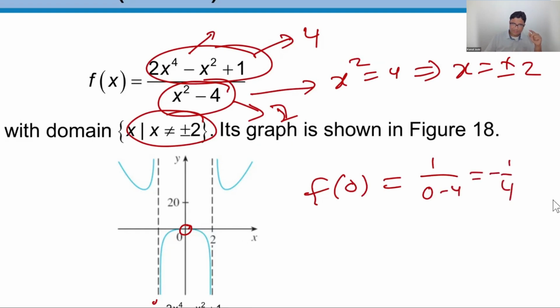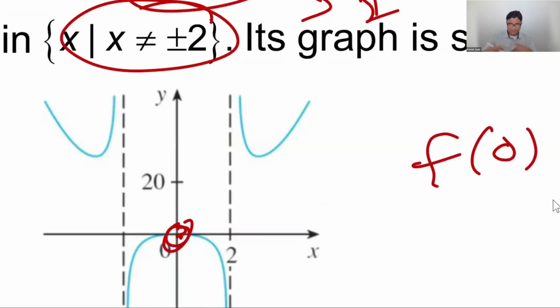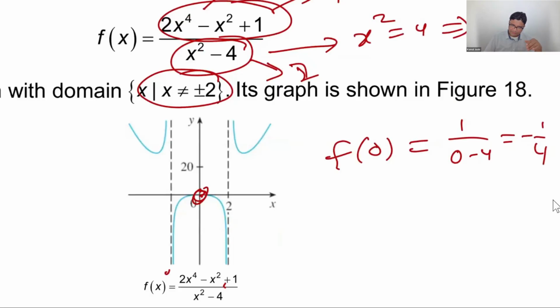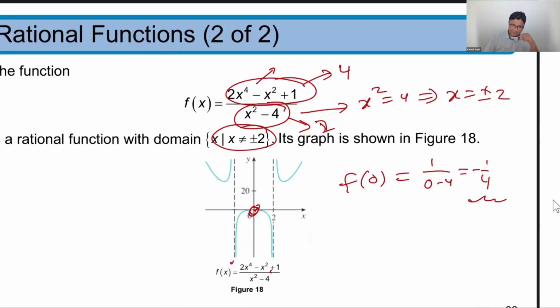So in fact, the coordinate here, at the origin, it's not touching the origin, it's a little bit below. At 0, the value is negative 1 over 4. So it means this function does not have a 0 and no zeros. So it does not intersect the x-axis anywhere.